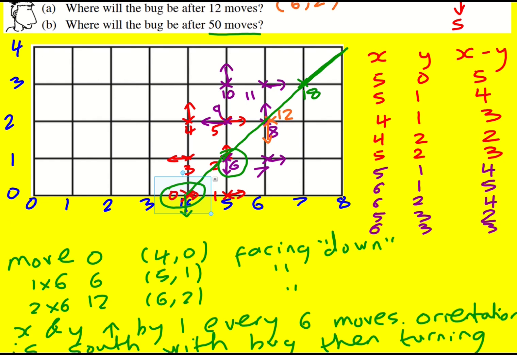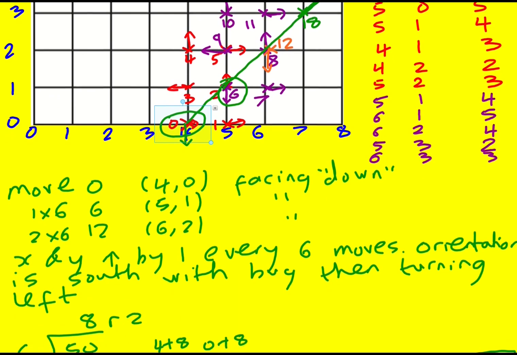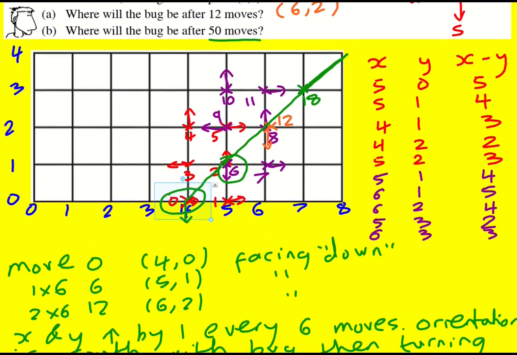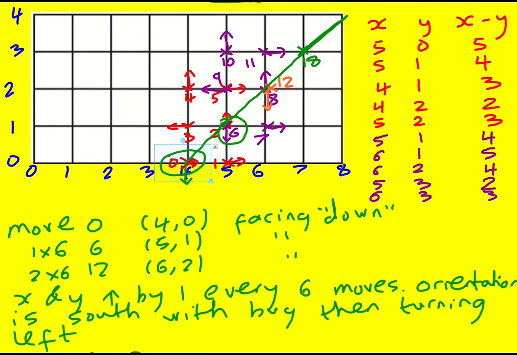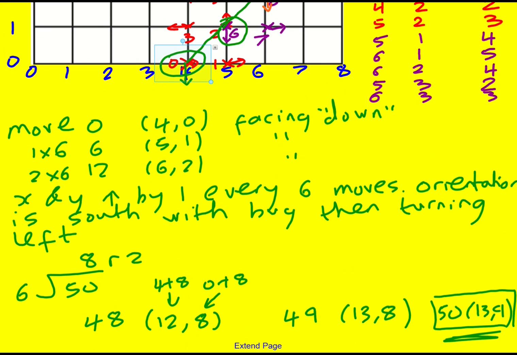So 6, 12, 18, 24, and so on. The bug will be along that diagonal, including 48. We then worked out what coordinates it would be at after 48 moves, and very carefully after that did the next 2 moves using the same pattern as the first 2 moves. Okay, cool. You have to be careful with this question. Very well done if you managed to get that.